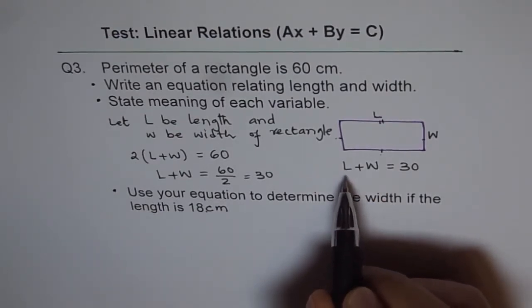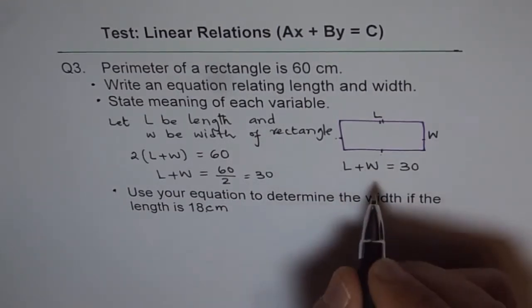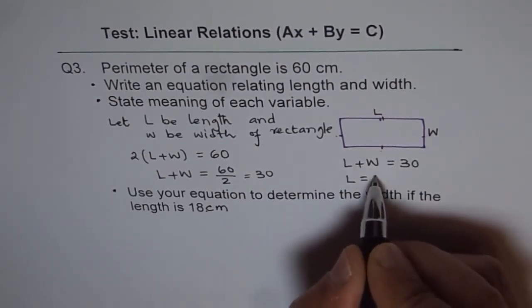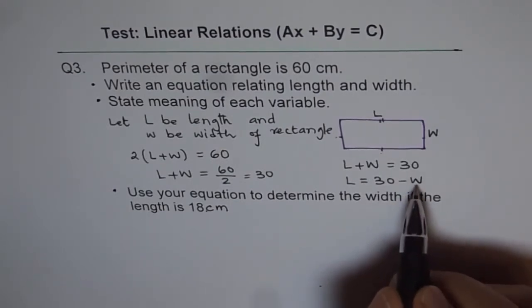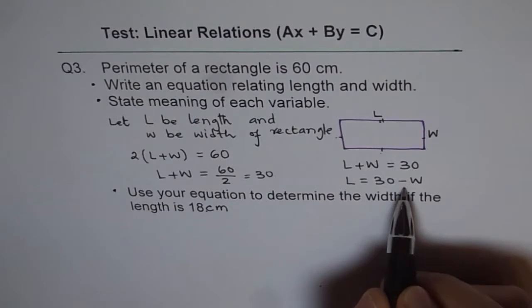What is the maximum value that length can have? If I rewrite this, I get length equals 30 minus W, right? Now can I have a width more than 30? Then length will be negative. Can the length be negative? No, it can't be, right?